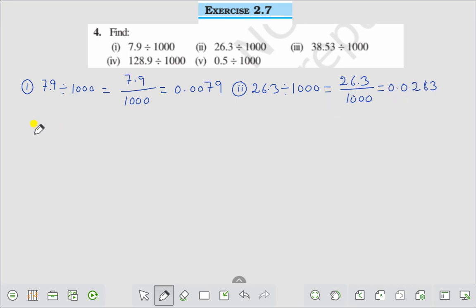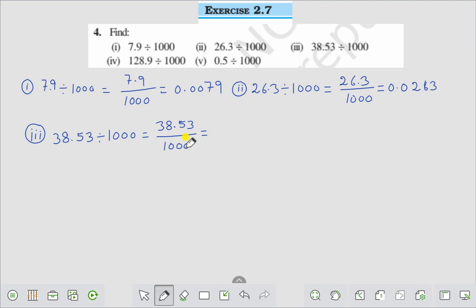Now question number 3. Question number 3 is 38.53 divided by 1000. That means it can be written as 38.53 divided by 1000, right?